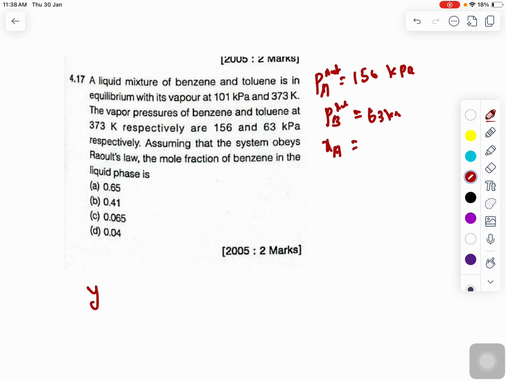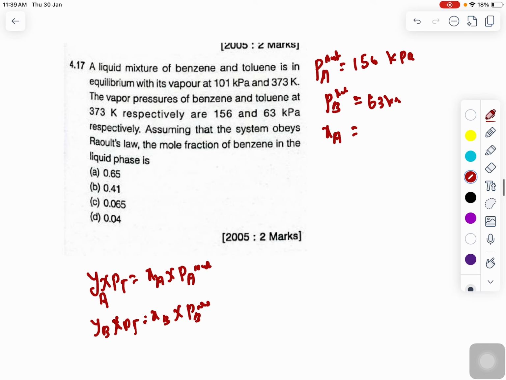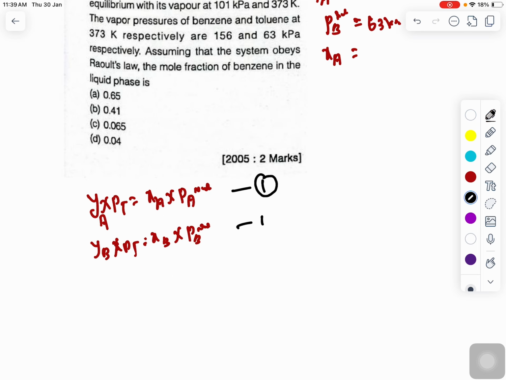So if you write yA into PT is equal to XA multiplied by PA sat, okay, and again yB into PT is equal to XB into PB sat. So if this one is equation first, this one is equation second.